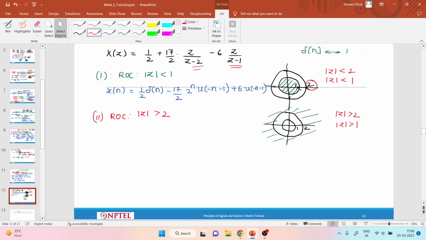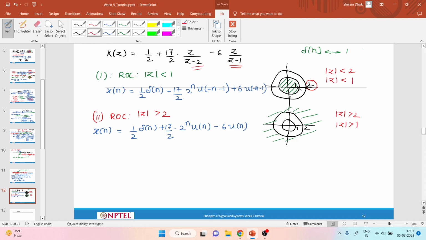So if we use the same thing, then this x of n will be equal to 1 by 2 into delta n plus 17 by 2 into 2 power n u of n minus 6 into 1 power n, which is 1, into u of n.